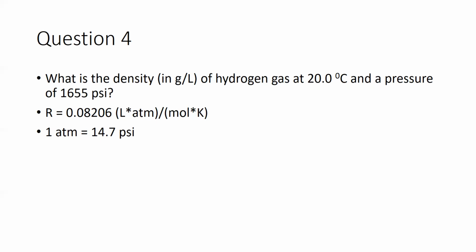And the density, remember, is molar mass divided by molar volume. So tell me, under these conditions, what is the density of our gas? I'll give people a couple minutes to do that, and then I'll come back with the answer just before we wrap up. And hydrogen gas, by the way, is H2.